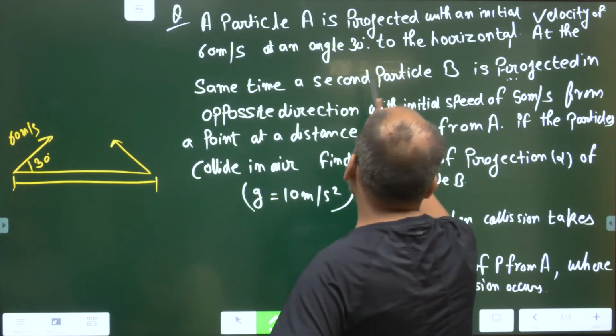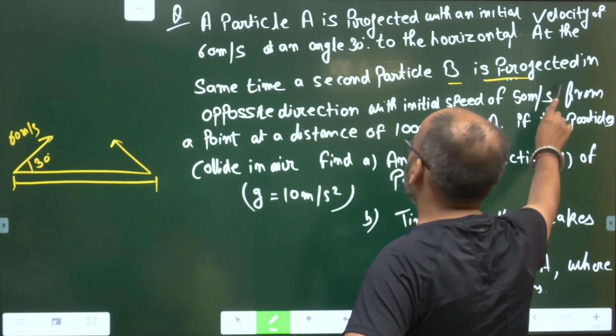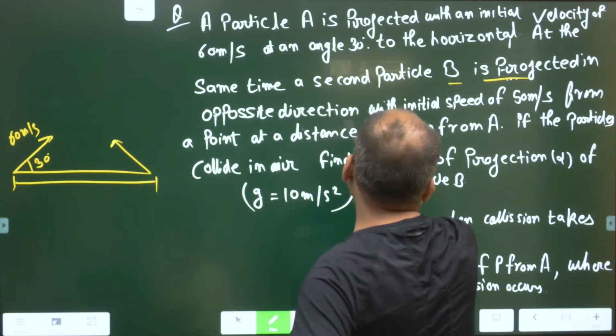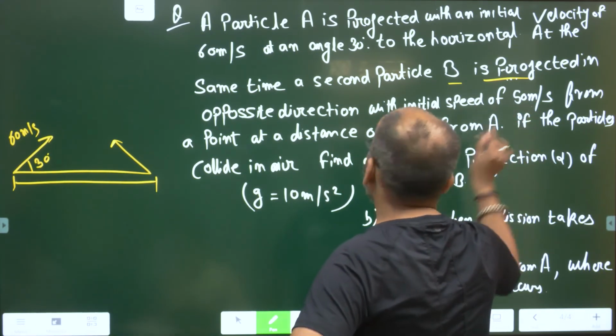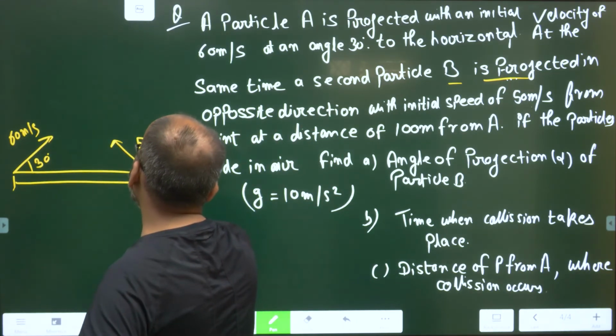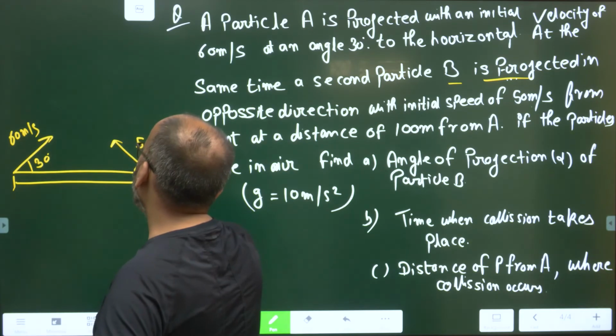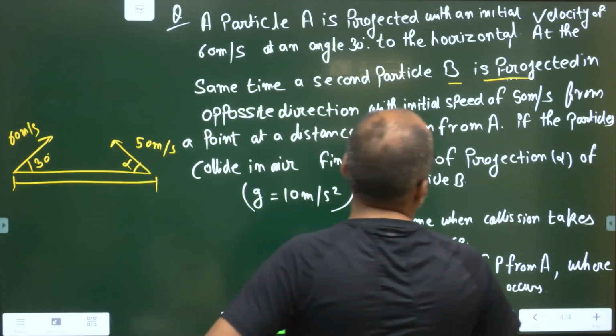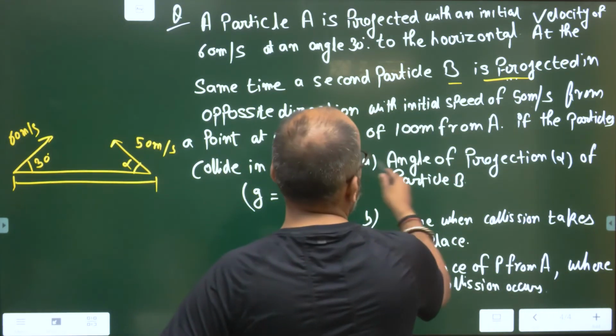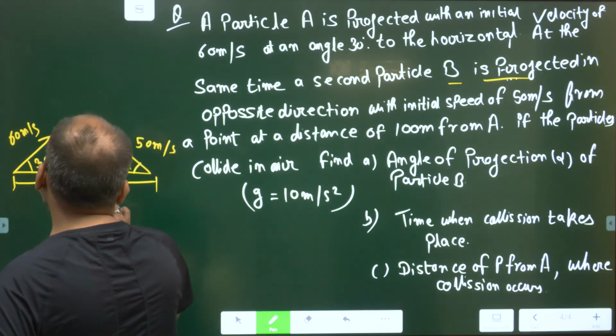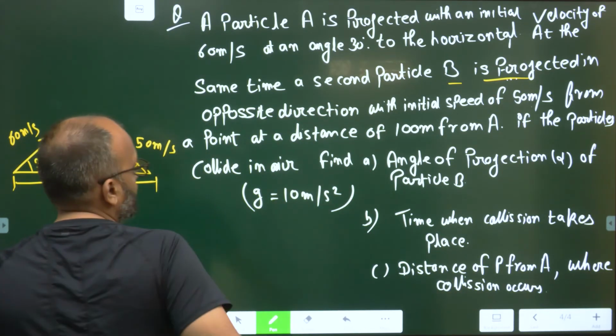At the same time, a second particle B is projected in the opposite direction with an initial velocity of 50 meters per second, at an angle alpha, from a point at a distance of 100 meters from A.